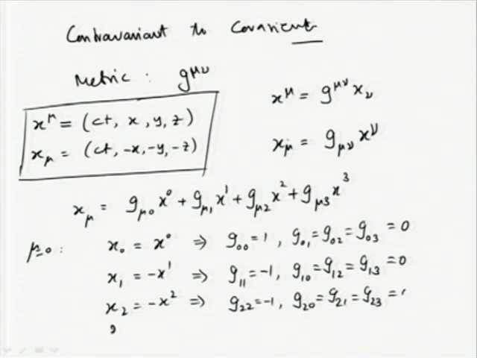Now, x 3 equal to minus x 3 will give g 3 3 equal to minus 1, g 3 0 equal to g 3 1 equal to g 3 2 equal to 0. That fixes all the components of g mu nu.